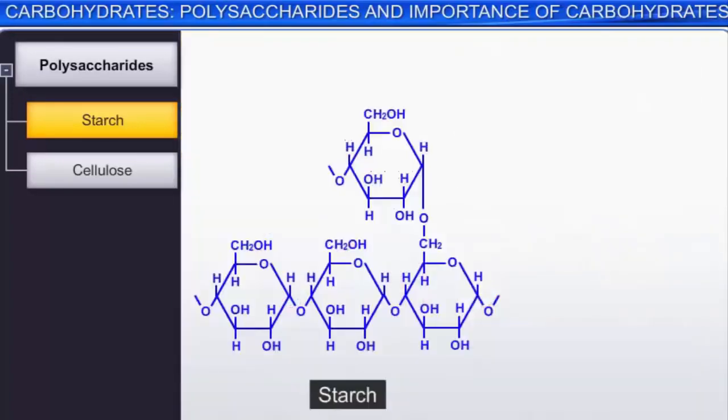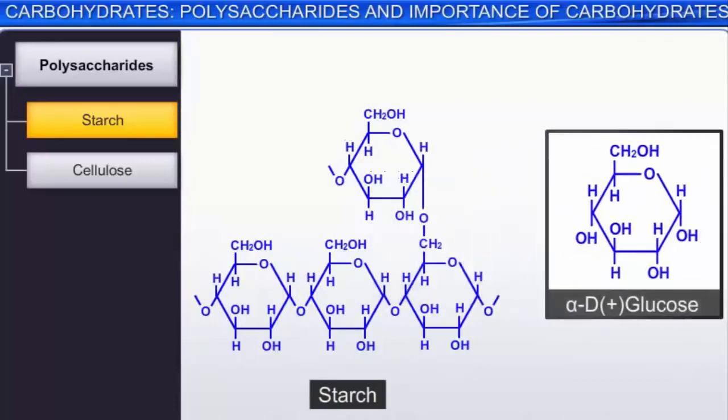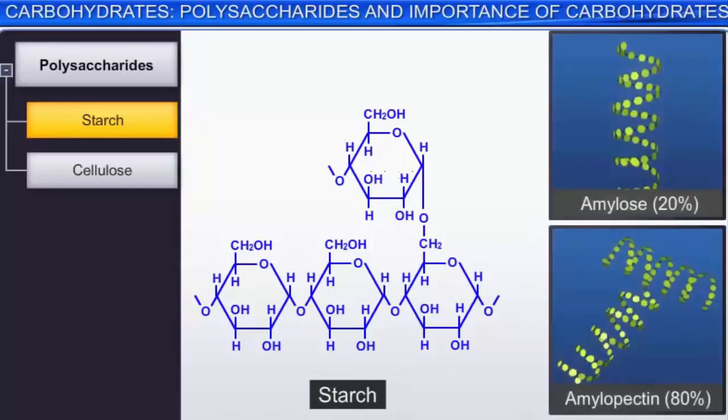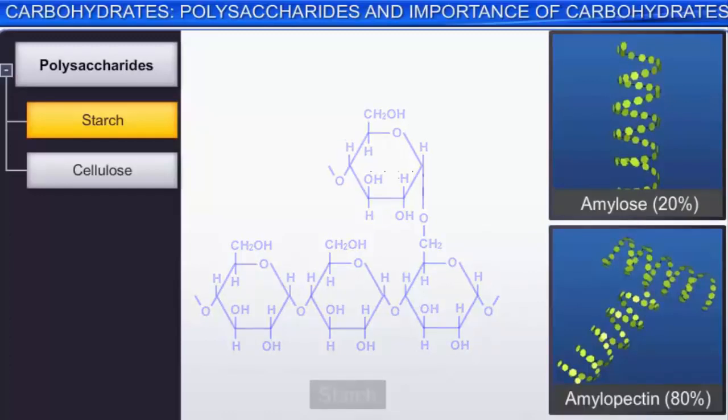Chemically, starch is a polymer of the alpha isomer of D-plus glucose. It consists of two components: amylose, which makes up 20% of starch, and amylopectin, which makes up the remaining 80%. These two components differ in their molecular size and shape.